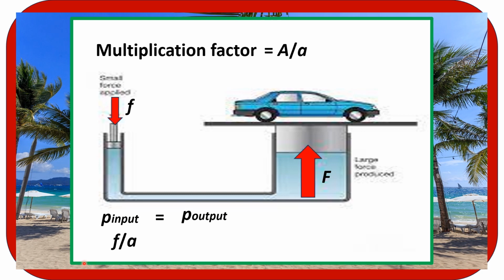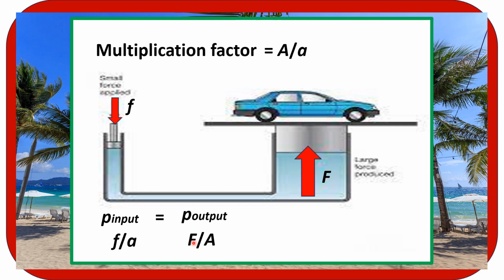So for the smaller piston, we represent the applied force in terms of small letter f and the area of the piston in terms of small letter a. While for the big piston, the force here is represented by capital letter F. Alright?